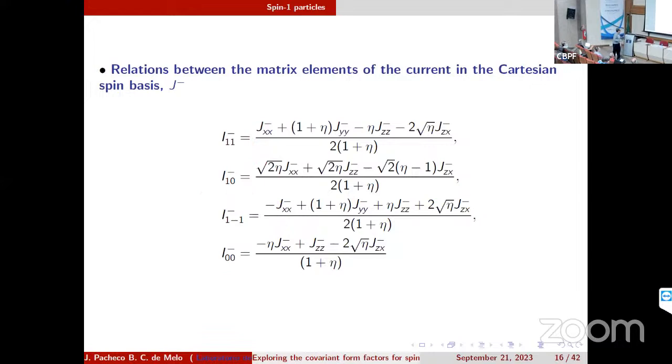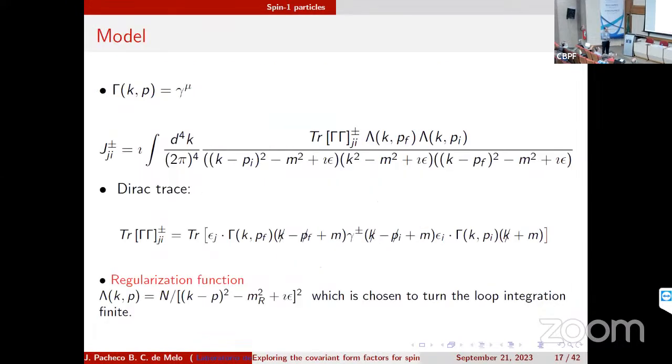It's very funny. And now in this preliminary work, I do not use the complete vertex for spin 1. For the rho meson, I use just gamma mu. Then I use gamma mu plus and minus here, just to show something. I need to complete this work with the complete vertex, but it's just a start.